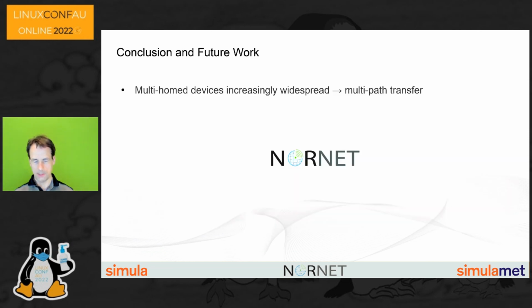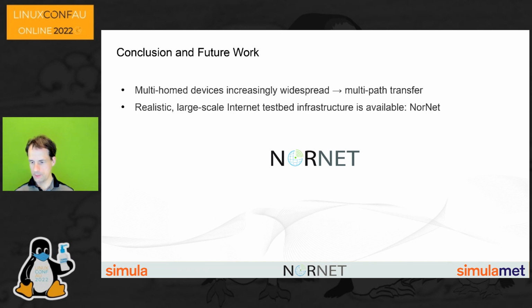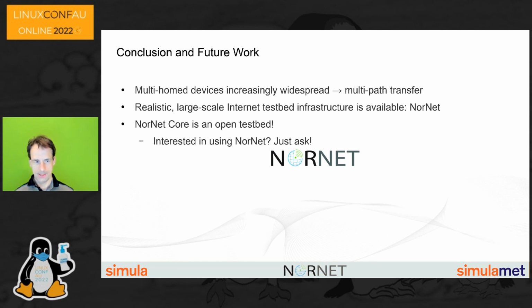So this concludes my presentation on NorNet Core. That is, I've shown you the ideas of multi-homing and multipath transfer, and of course introduced you the NorNet testbed infrastructure. And particularly to mention is, of course, NorNet Core is an open testbed, just like Planet Lab.